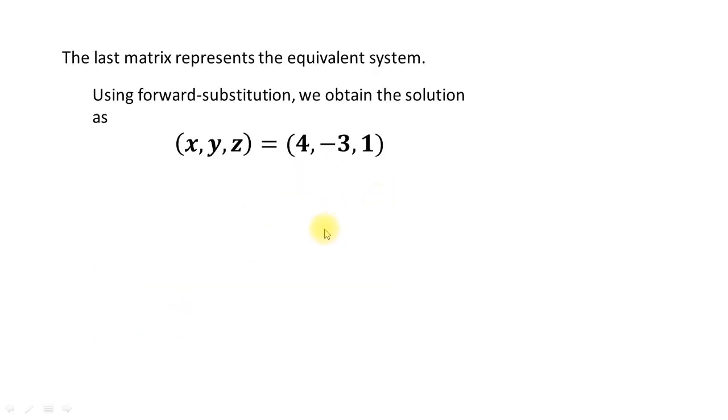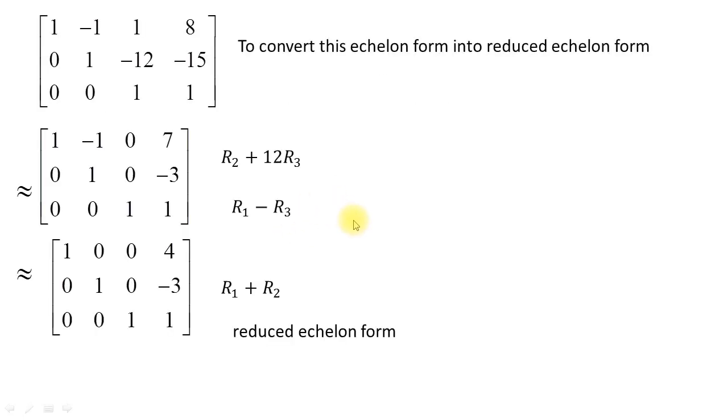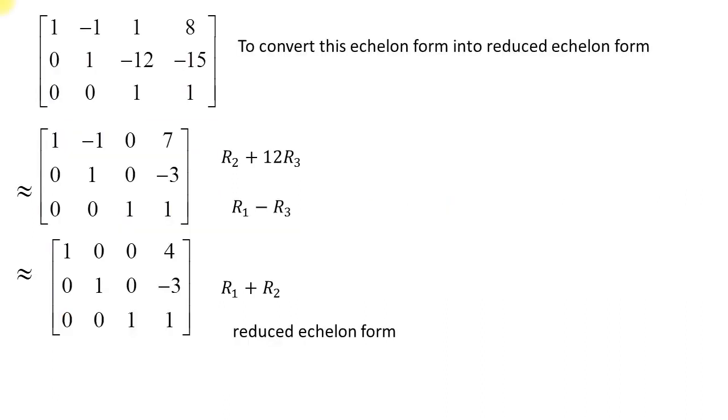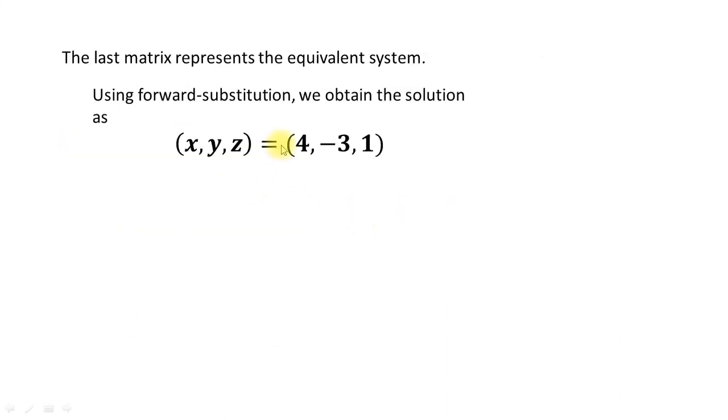And when we solved this system by Gaussian elimination method, the result of Gaussian elimination method was also this result, 4 minus 3 and 1, and now the result by Gauss-Jordan method is also 4 minus 3 and 1.